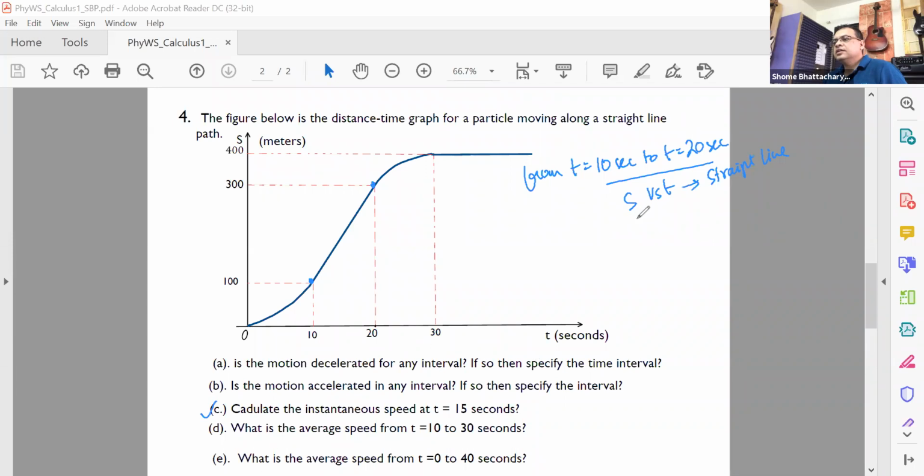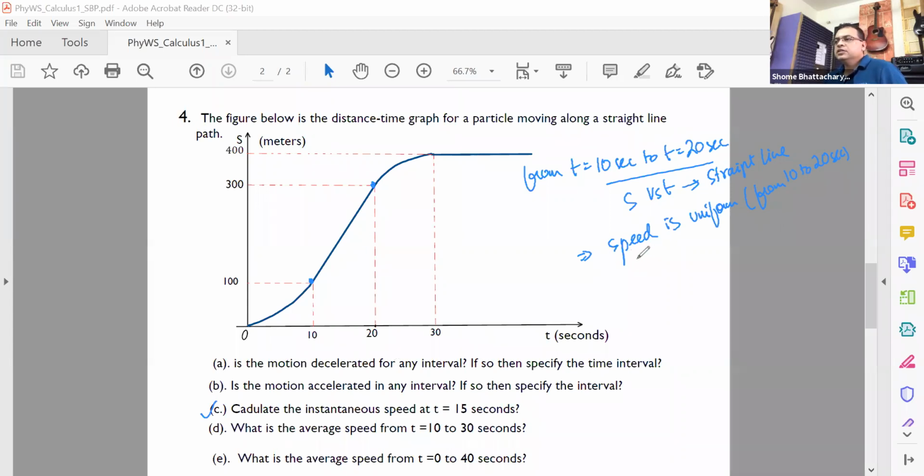What does that tell us? That tells us that the speed is uniform for this interval, only for this interval, not before or after that.